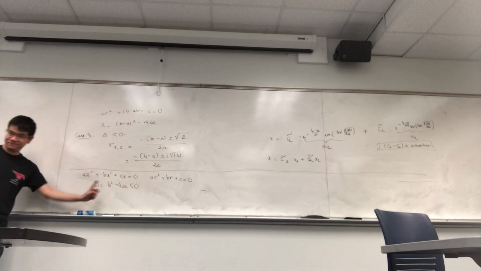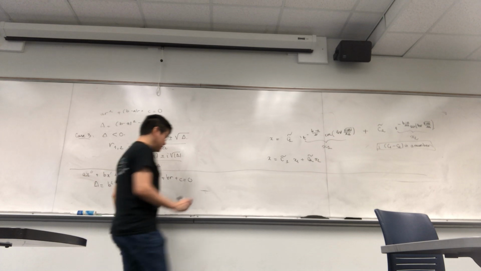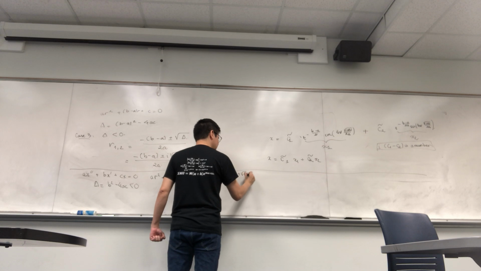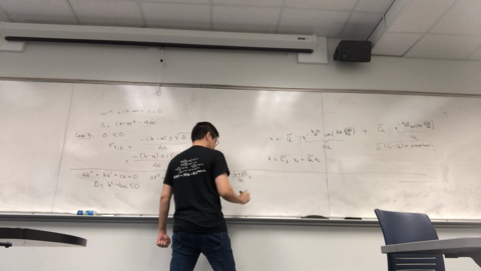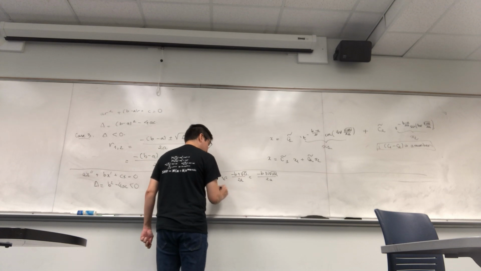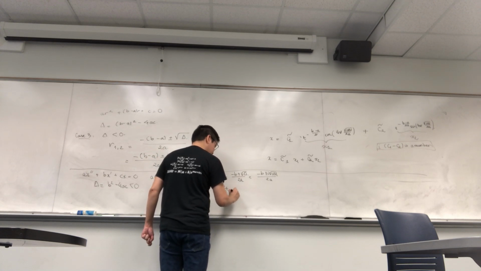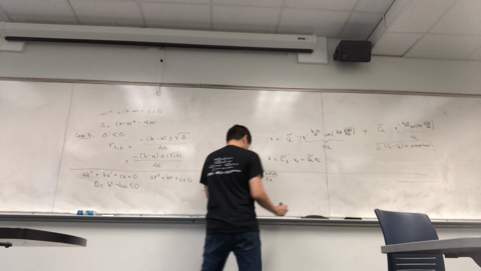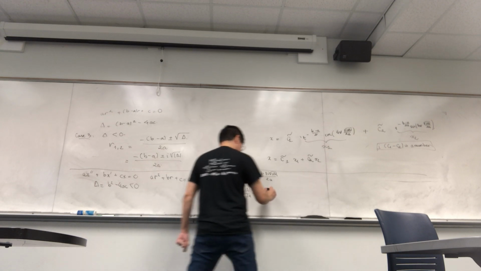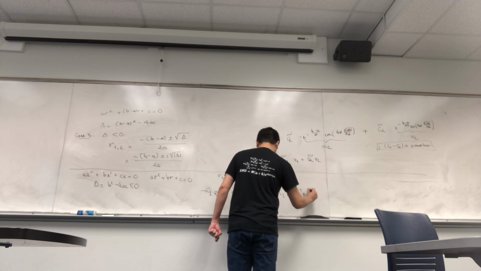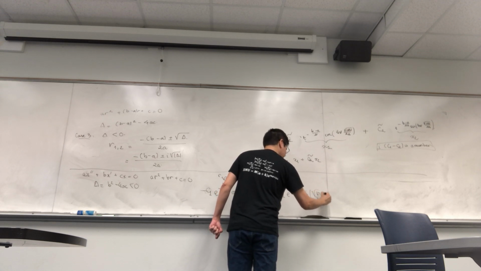When this guy is negative, you also have two roots: minus b plus or minus square root of delta over 2a, which is basically minus b plus or minus I square root delta over 2a. So the solution will be exponential of minus b over 2a t times cosinus of square root of delta over 2a t, plus c2 exponential of minus b over 2a t times sinus of square root of delta over 2a t.